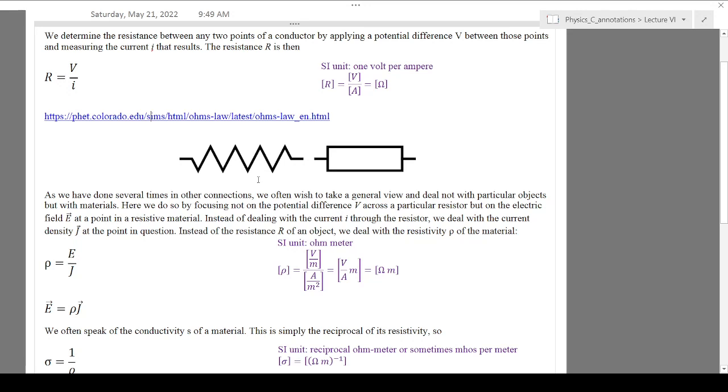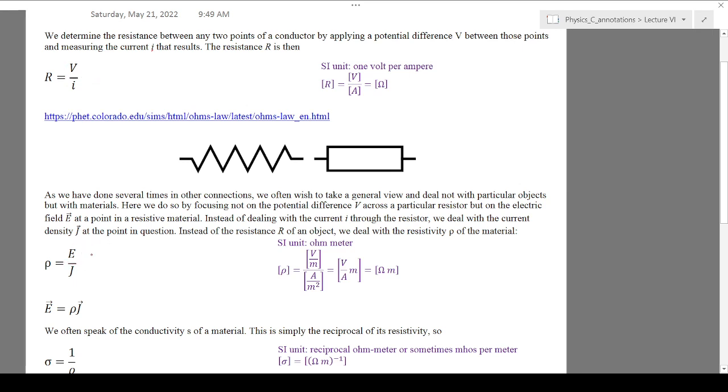But because now we are interested in describing current, not something connected with the object itself, but with the material, we do not focus anymore on the voltage, and we are trying to use the electric potential actually.